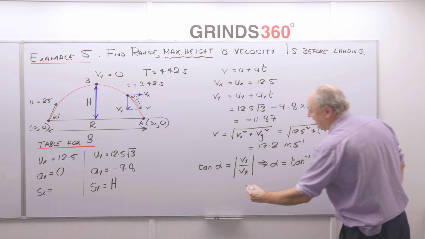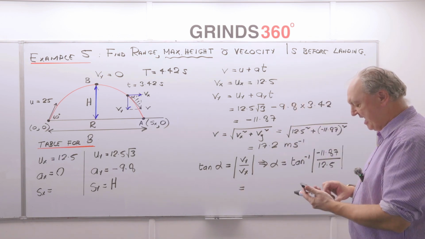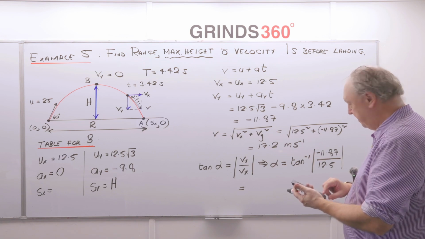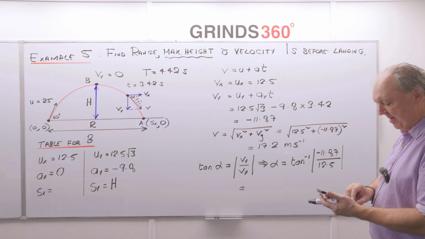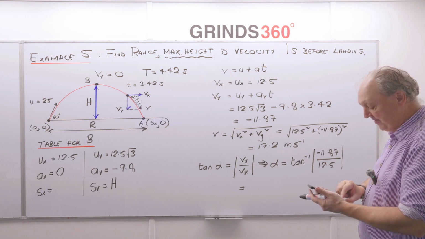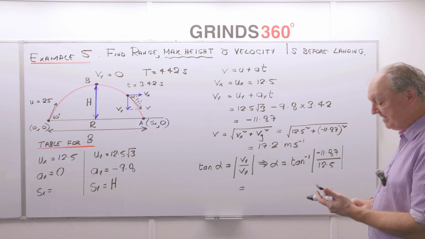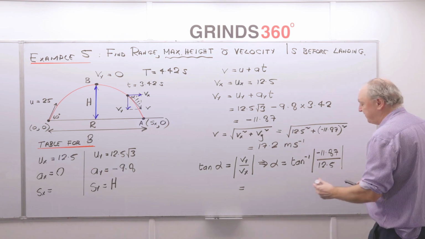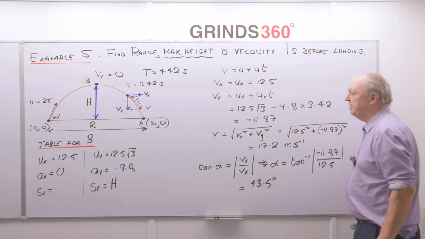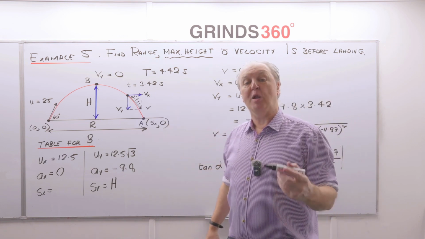So put that into my calculator, and that will give me the angle alpha. So shift tan, fraction. It's the absolute value, so you can ignore that minus when you put it in. 11.87 divided by 12.5, close bracket. And I get an angle of, say, 43.5 degrees. And that there, if you look at the angle, that there would be below the horizontal.